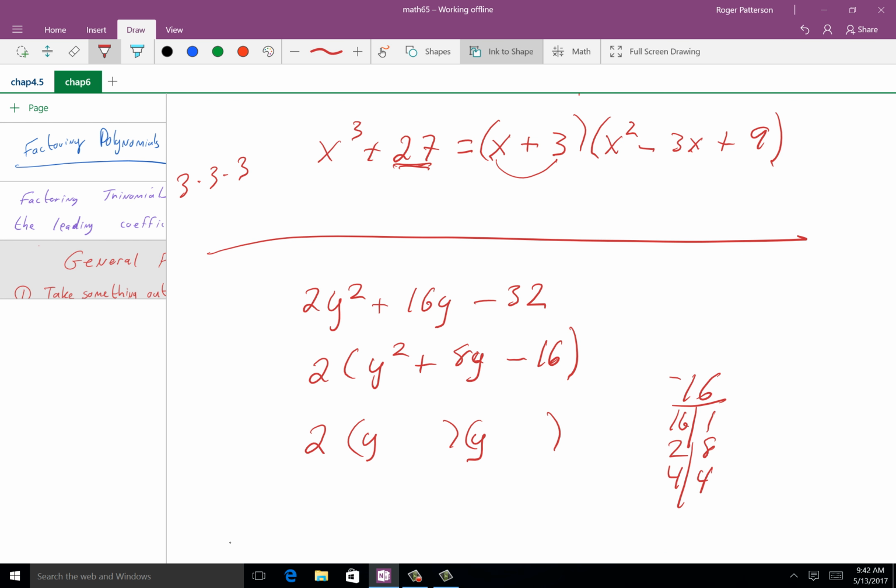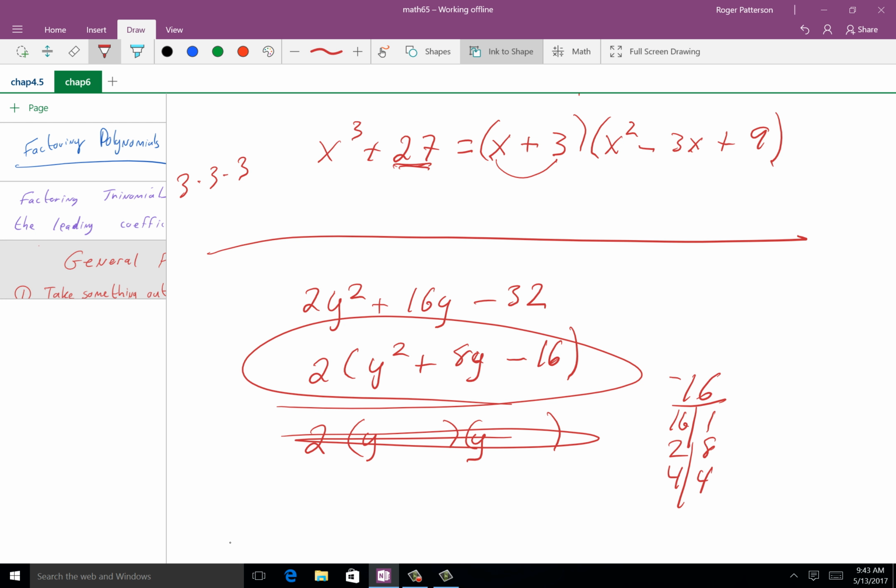Okay, factoring completely still. Here's another one. x to the fourth minus 16. Well, can we take anything out? No? Okay. What's the next thing? Is it a difference of two squares?